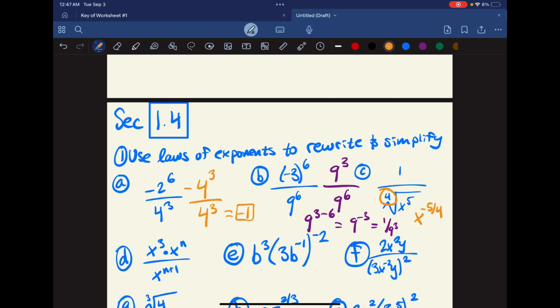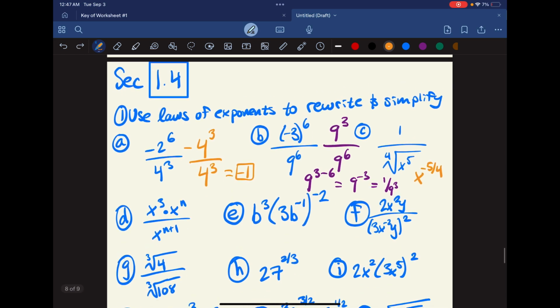Essentially, when you take the whateverth root of a thing, that radical goes into the denominator. So this gets rewritten as 1 over x to the 5/4. And then since it's in the denominator, you take a negative exponent and bring it up to the numerator. Or you could leave it in the denominator.